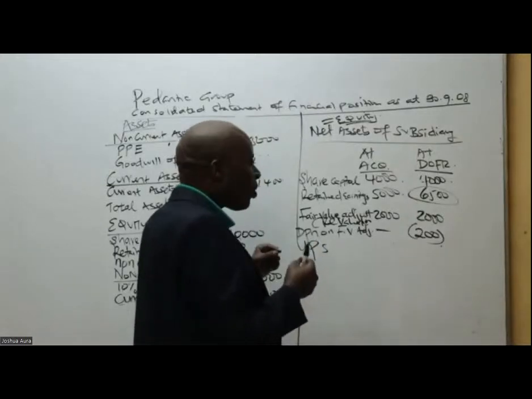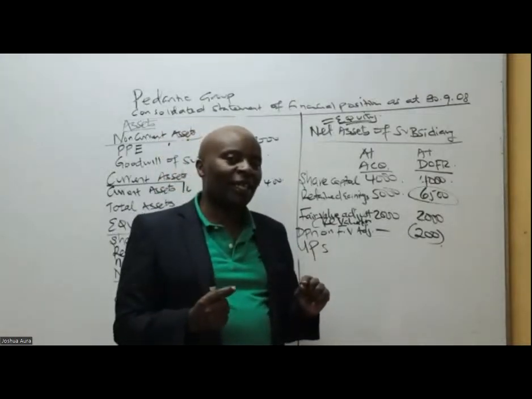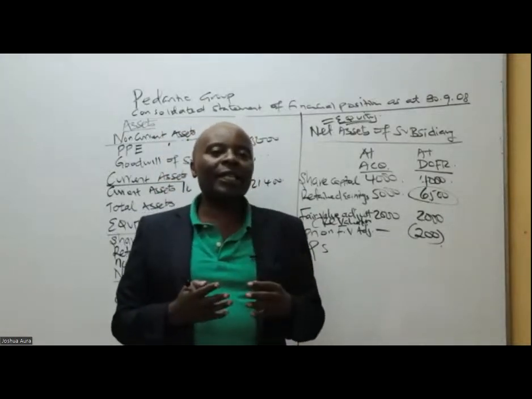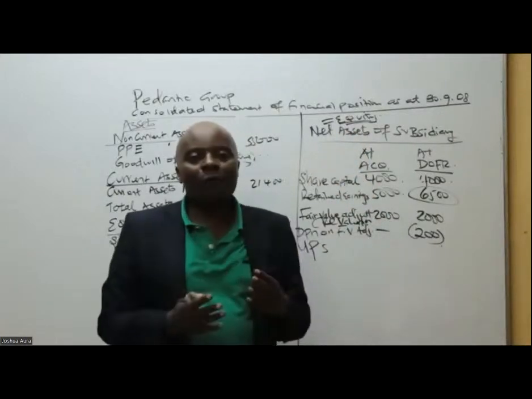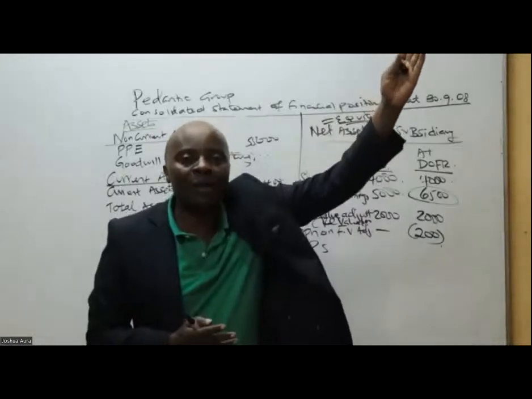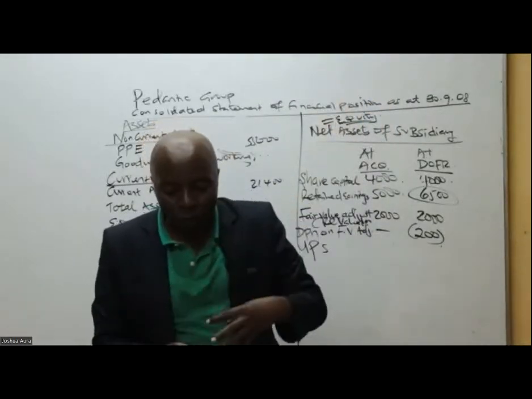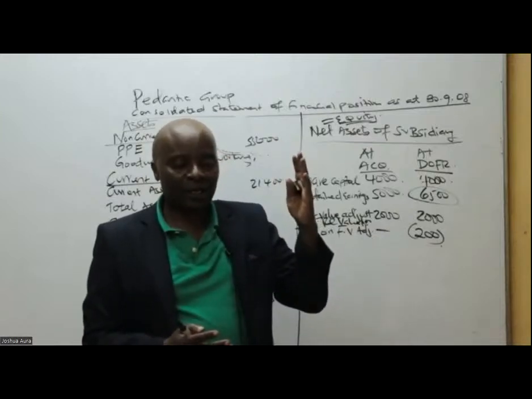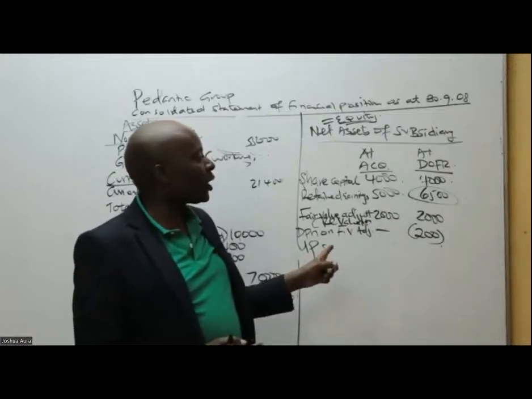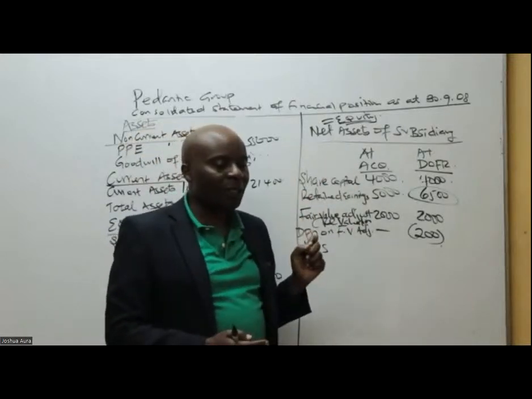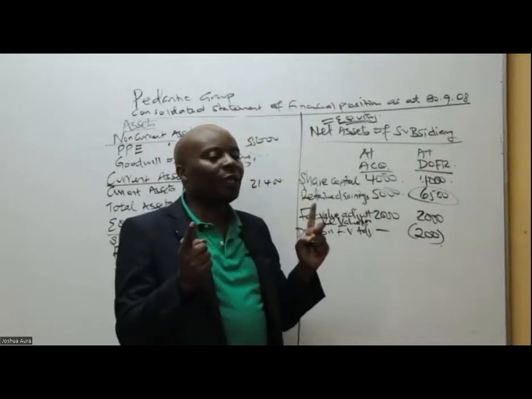UPS is normally brought into the net assets of the subsidiary if it is the subsidiary that sold goods to the parent. If it's an upward transaction, from the subsidiary to the parent, then UPS must be brought under net assets of the subsidiary because the net assets of the subsidiary have been overstated.